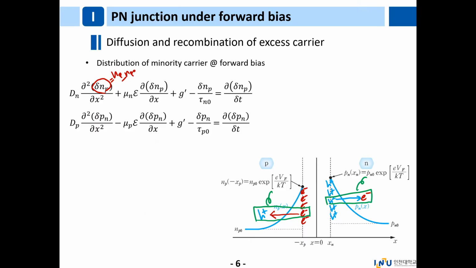In the neutral region outside the depletion layer, the carrier concentration is high and the conductivity is very high, so the resistivity is very small. As a result, the voltage drop is almost zero. Therefore, E equals zero and G prime equals zero in the neutral region. And in the steady state, the time derivative goes to zero.